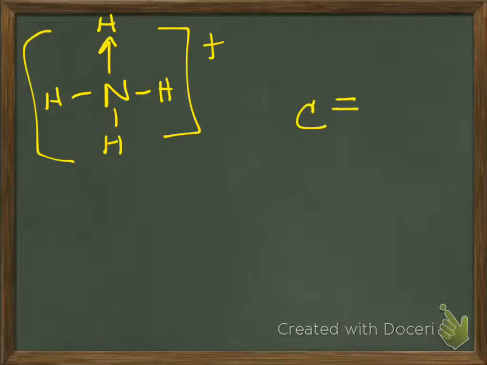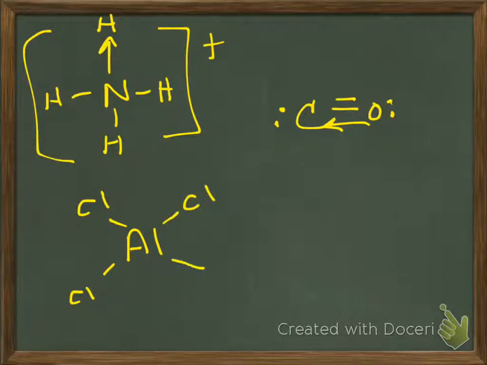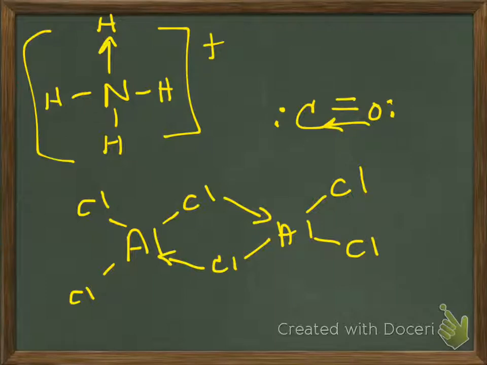You would also show this in carbon monoxide, with oxygen giving one pair of electrons to form that triple bond. Also with the aluminum chloride dimer. To form the dimer, there are two chlorine atoms that form coordinate covalent bonds with the two aluminums.